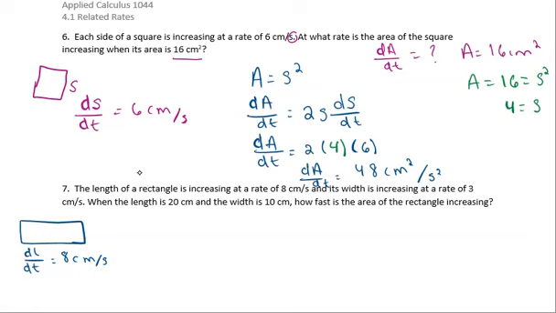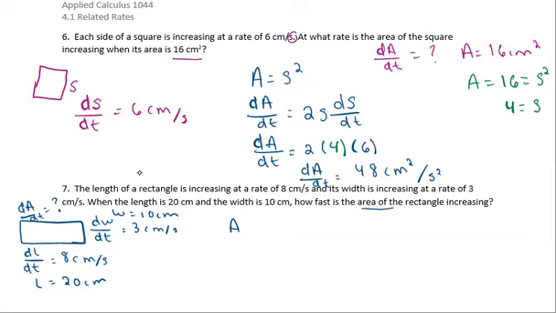And the width is increasing, so that's dW dt, at a rate of 3 centimeters per second. When the length is 20 centimeters and the width is 10 centimeters, how fast is the area increasing? So area is going to be dA dt, and that's what we're trying to figure out.